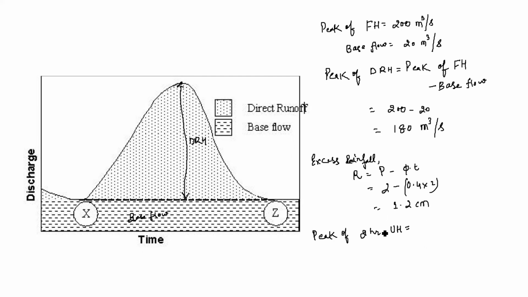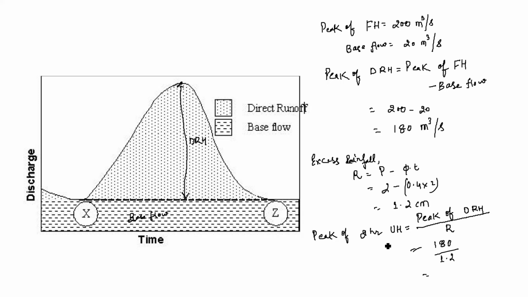So the formula for finding the peak of UH is the peak of DRH, the direct runoff hydrograph, divided by excess rainfall or this runoff depth. So here the peak of DRH is 180 and this runoff depth is 1.2 centimeter.